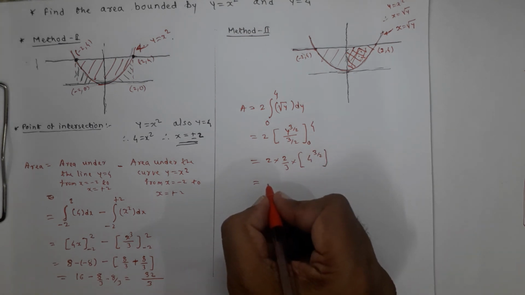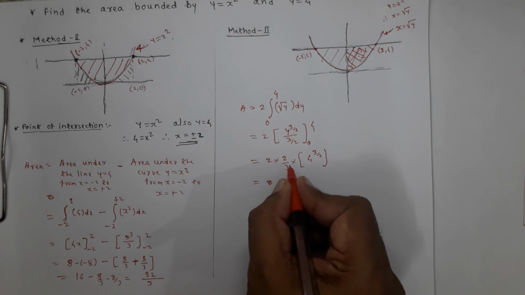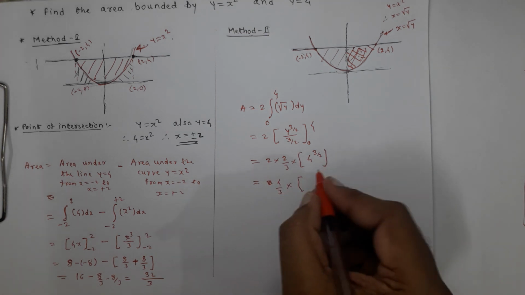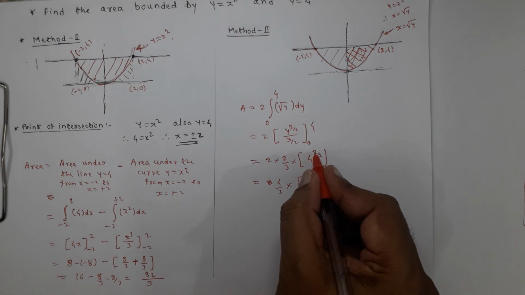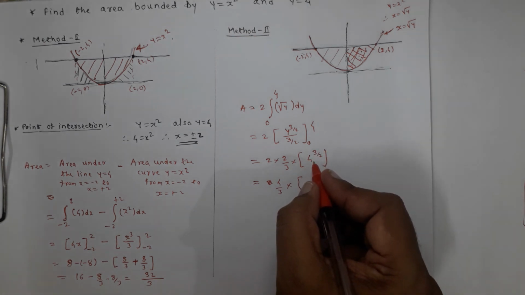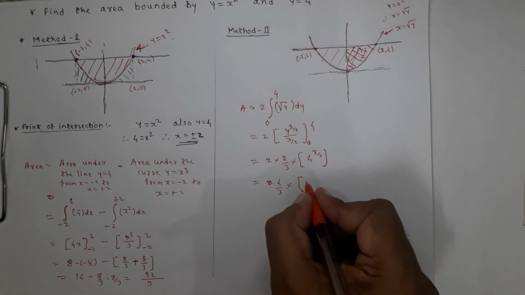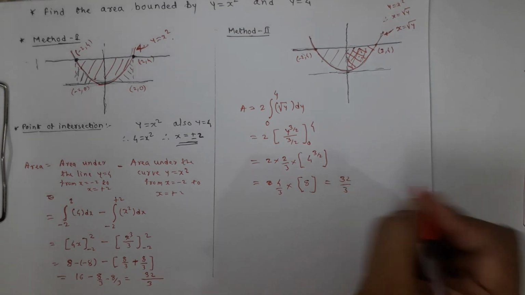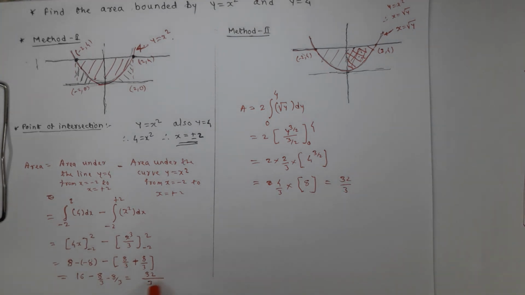So 2 into 2 by 3 is 4 by 3 into bracket 4 raised to 3 by 2, 4 cube raised to 1 half, 4 cube is 64, root of 64 is 8, so this will be equal to 32 divided by 3. So here I am getting the area as 32 by 3. Here also I am getting the area as 32 by 3.